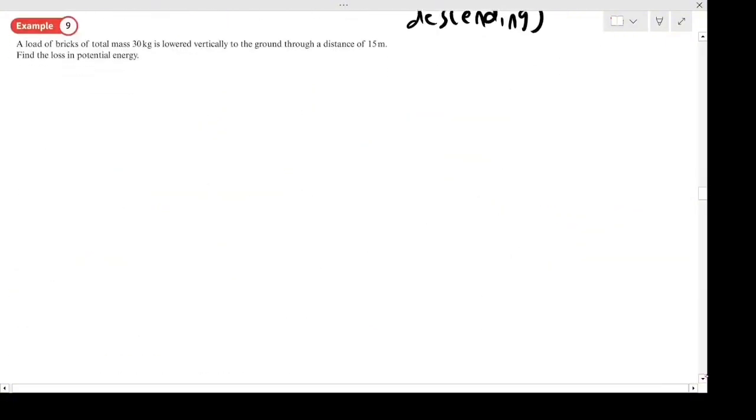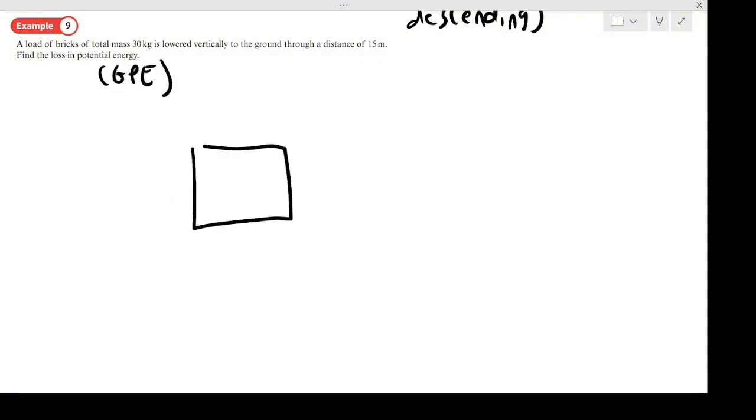So in this example, we're told a load of bricks of total mass 30 is lowered vertically to the ground for a distance of 15. Find the loss in potential energy, or GPE, gravitational potential energy. So again, we have a pile of bricks. I draw the little box to represent it.